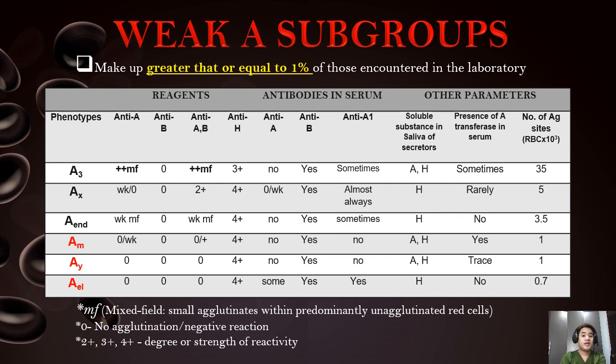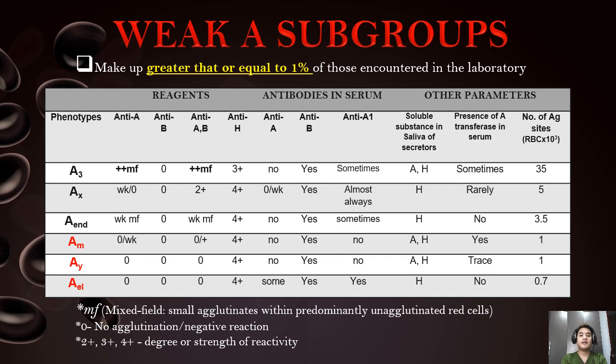So starting with A3 red cells. The hallmark characteristic of A3 is the mixed field reaction with anti-A and anti-AB antisera. The estimated antigen size per individual RBC is approximately 35,000, with a non-definitive presence of A transferase in their serum samples. Your Ax red cells generally exhibit no agglutination with anti-A antisera but show reactivity with anti-AB.